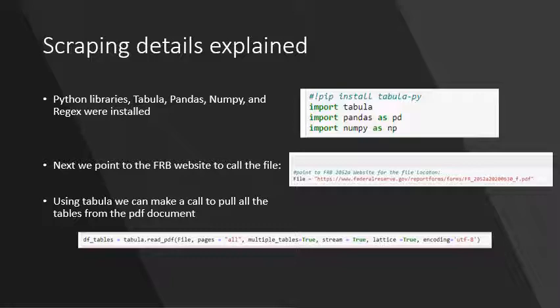In this scenario, setting stream equals true and lattice equals true were the two requirements for me to get these tables to pull down appropriately. If you're ever using this program in the future, the website for Tabula has a help FAQ that's useful in terms of troubleshooting. So this is what worked for me.